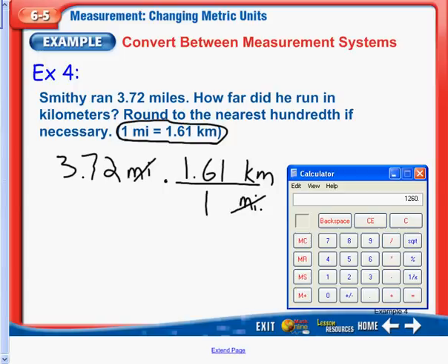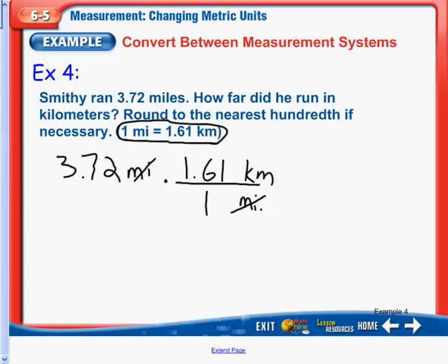So I'm going to use our calculators to do 3.72 times 1.61. It's going to give me 5.9892. And so if we remember from our placements, first number there is tenth, second number is hundredth, so we're looking at the third number.